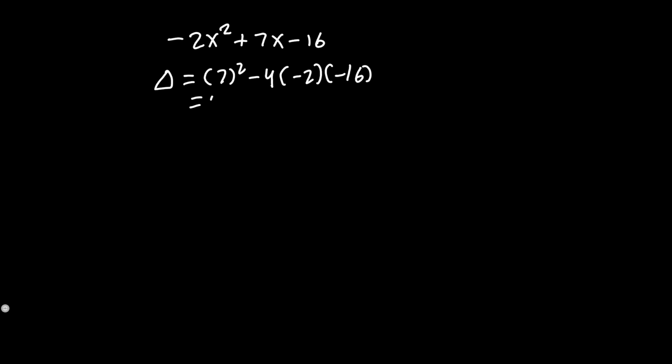So here we have 49 because 7 squared is 49, and negative 4 times negative 16 is positive 64, times negative 2 gives negative 128, and 49 minus 128 is equal to negative 79. So here we see that the discriminant is negative, meaning that our quadratic will have two complex solutions.